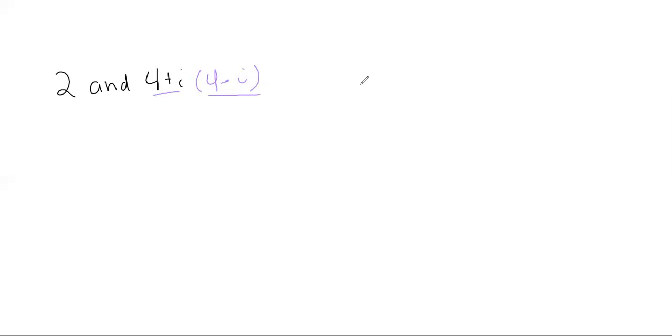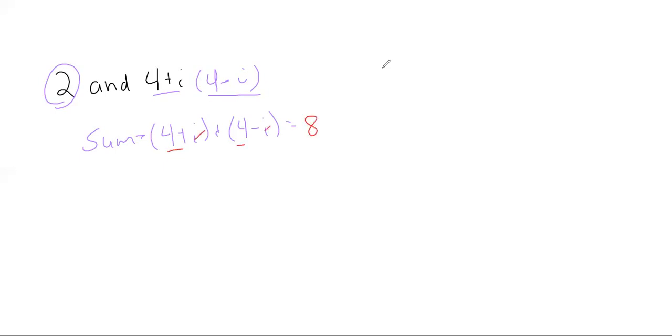So what we're going to do is take this 2 and leave it out for now. Leave it alone. Find the sum of these two. 4 plus i plus 4 minus i. Add those. 4 plus 4 is 8.